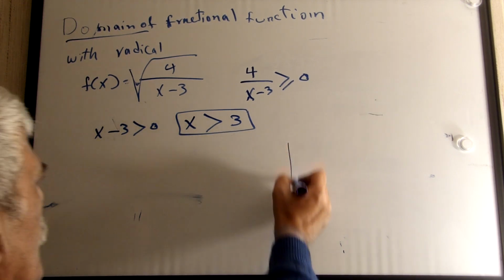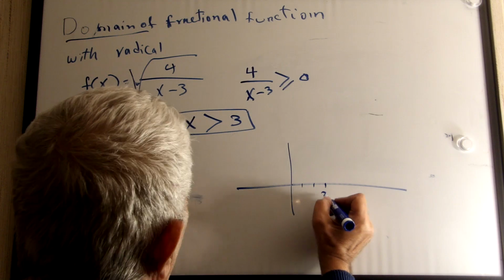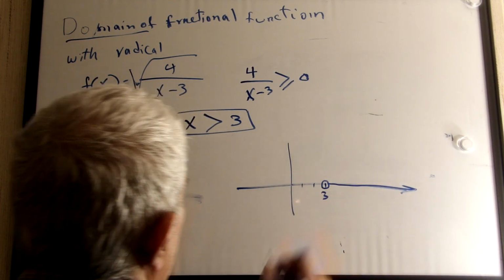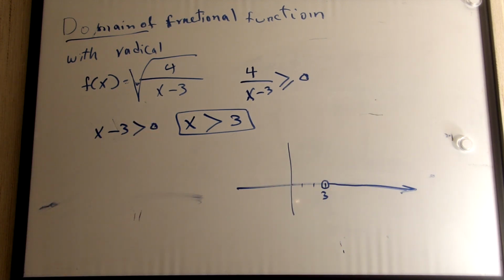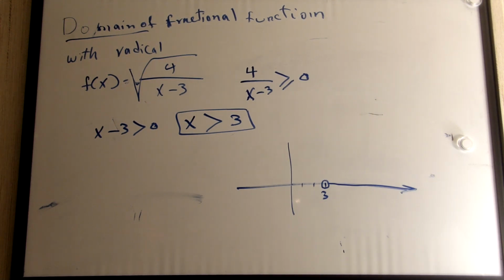So how do we show it here? It's 1, 2, 3, greater than means it's like this, whatever the graph. So if we graph this one, always try to graph this kind of function that is hard to imagine what they look like.